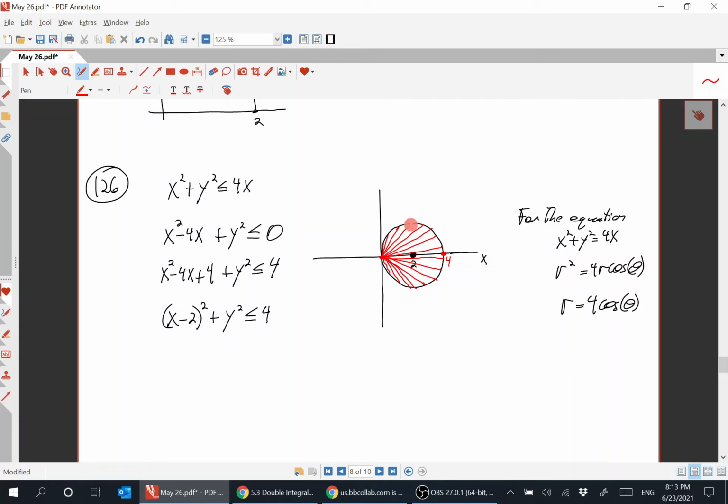And these red lines are the r values that go along with theta. So if we just want the inside of that circle, how can we describe it in terms of a polar region? Now the r is no longer constant, right? Well, the theta values are just going from 0 to pi.